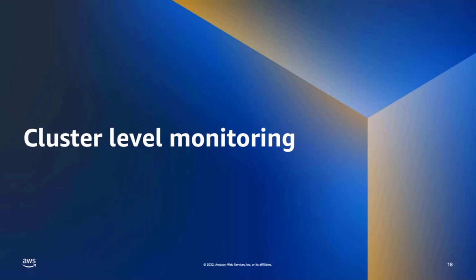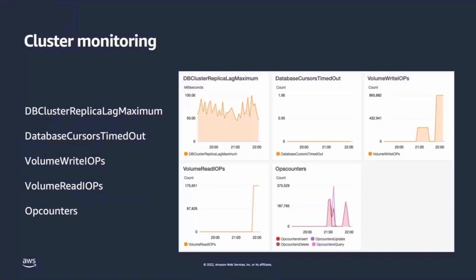I want to talk a little bit now about some cluster level metrics that we recommend monitoring. So database cursors timed out, the second one on here, that metric indicates how many cursors have timed out after 10 minutes of activity, and this should be 0. If you remember, I was just talking about connection and cursor limits.